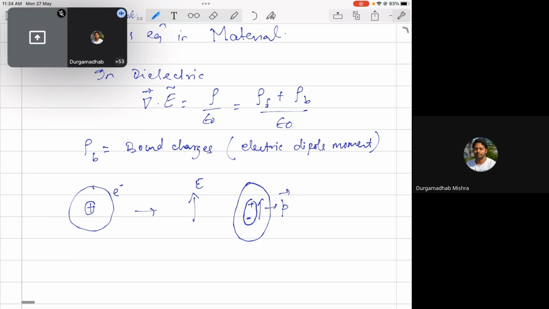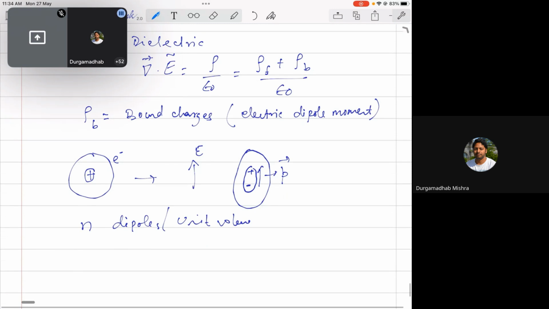If I have n electric dipoles per unit volume, the polarization I can define as n times p. And your dipole moment, if we talk of an electron, is minus e times the displacement d, which is the distance between your positive and negative charges.